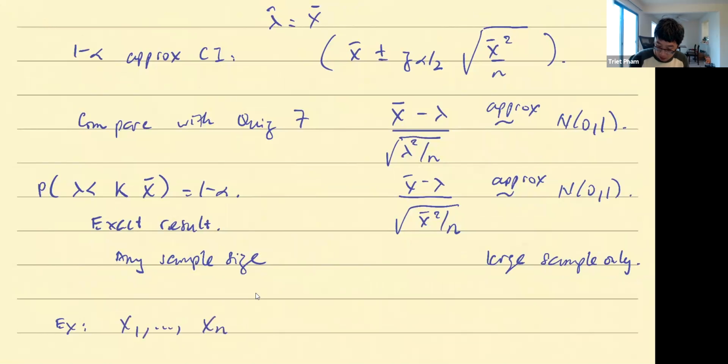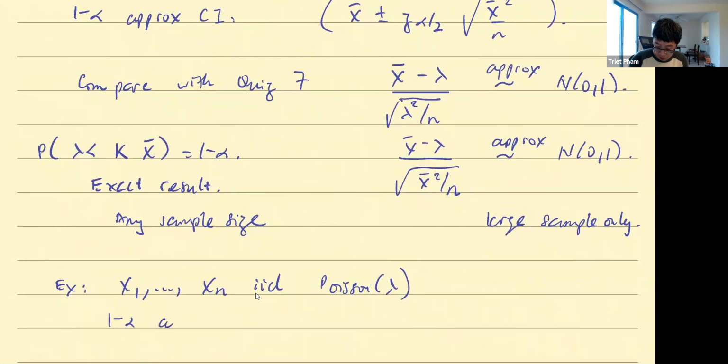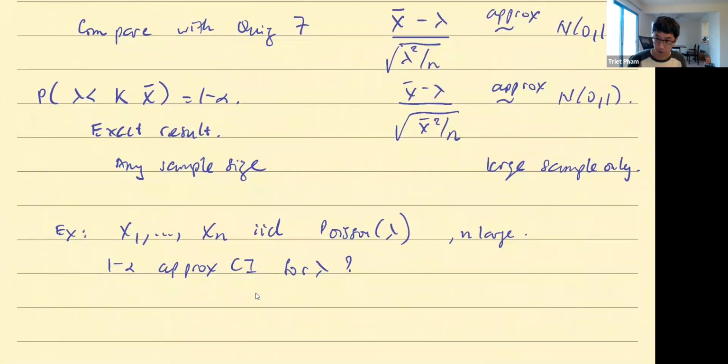Okay, so one more. X1 to Xn, IID, Poisson lambda. What's the 1 minus alpha approximate confidence interval for lambda when n is large? It should be x bar.